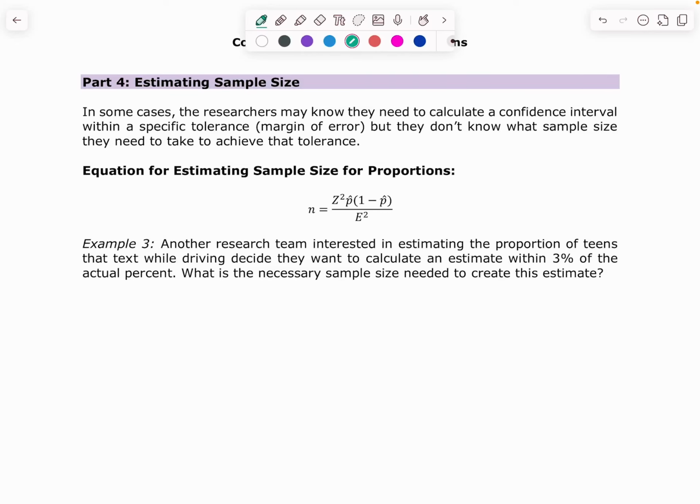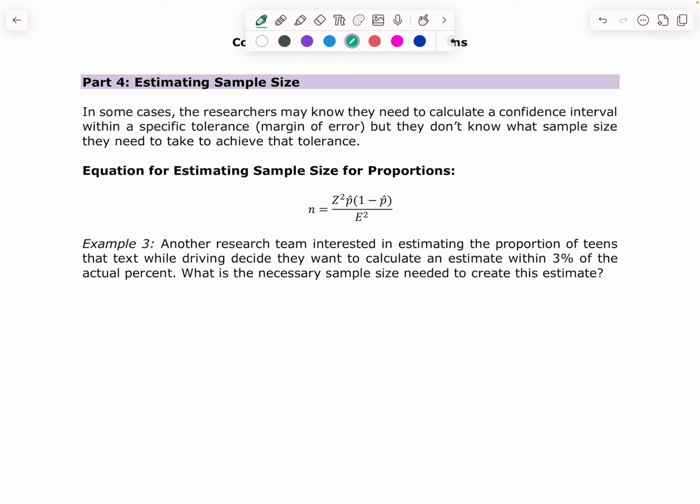In this section, we're going to look at the case where you have a specific range you want to keep to, and you want to figure out the sample size necessary to stay within that range.